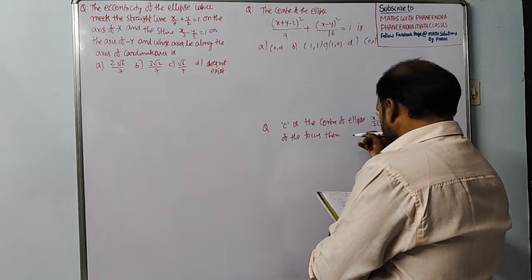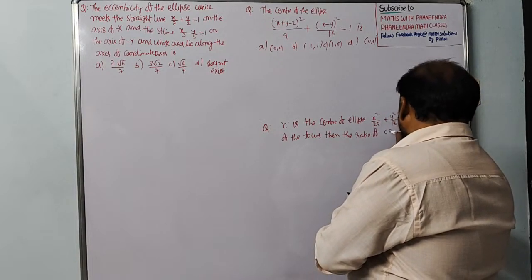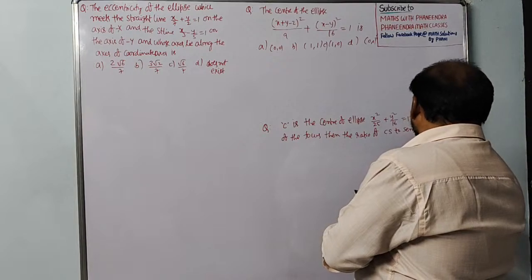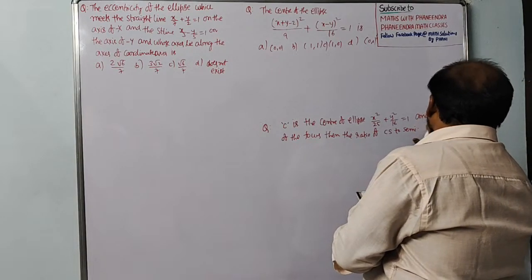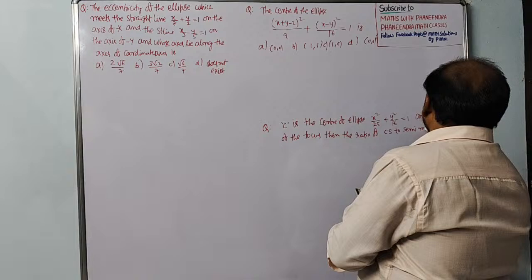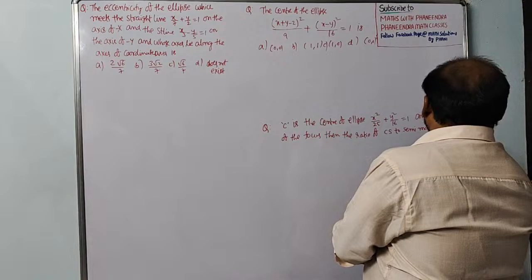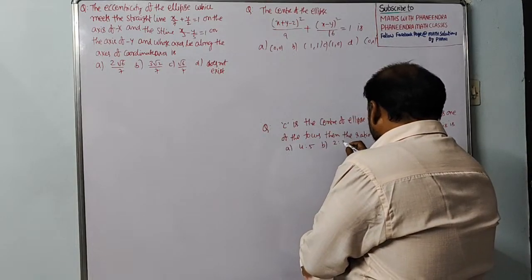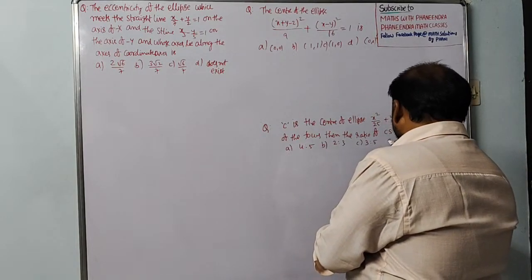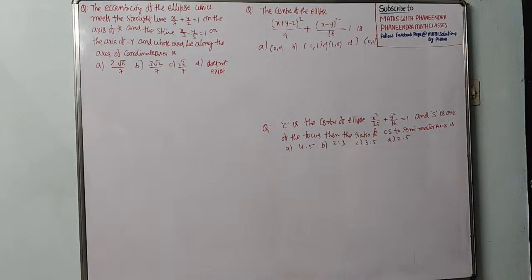Then the ratio of CS to the semi-major axis is: options 4:5, 2:3, 3:5, 2:5. So these are the options, dear students.